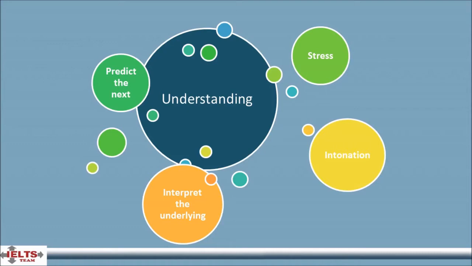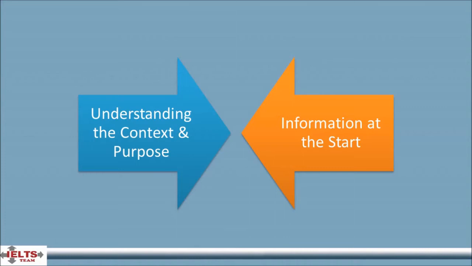In addition, we are able to interpret not just the surface meaning of the information conveyed, but the underlying attitudes and opinions. These basics can greatly help us to develop listening skills in a foreign language.